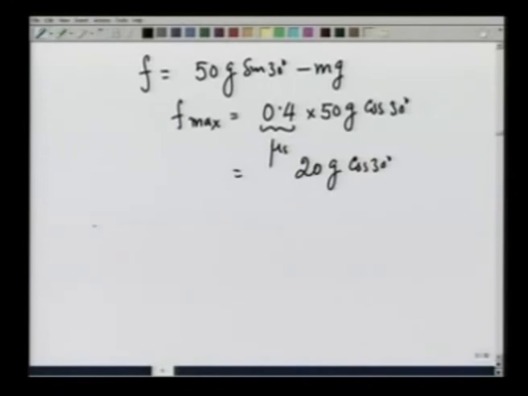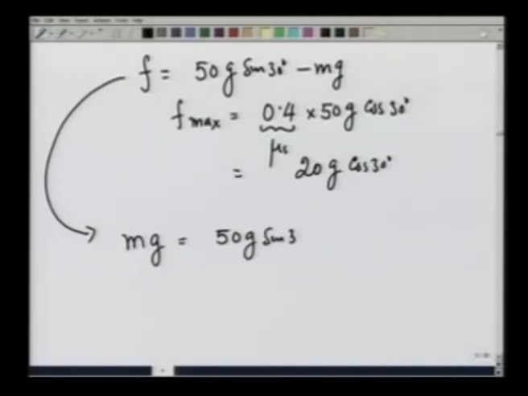Therefore, if I convert this equation to get m, I get mg equals 50 g sine of 30 degrees minus F. When F is maximum, m is the minimum possible value of small m that gives me equilibrium.